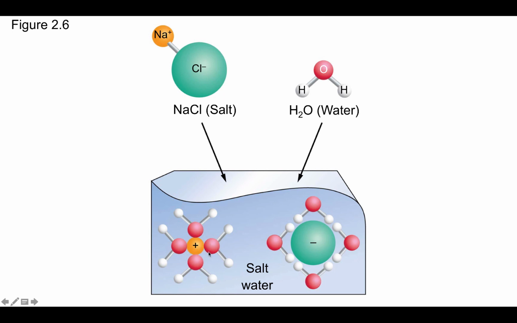And so the negative charge is going to surround that positive charge. Then the slightly positive charge of the hydrogen atoms are going to surround that negative charge of the chloride ion. Okay, so that's how water is able to dissolve salt: it pulls those atoms away from one another and completely surrounds them, thus dissolving the substance.